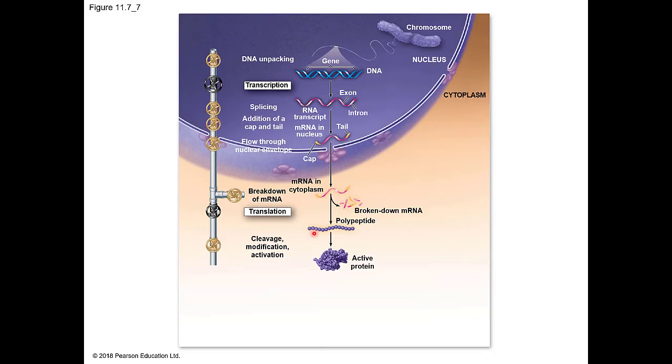And sometimes you can take a particular polypeptide chain and fold it differently. If I fold it one way, I might get a particular protein, and I could take this polypeptide and fold it a different way and get a different protein. Then I can also modify that protein. So remember, when we were looking at cell membranes, we looked at glycoproteins, where we attached carbohydrates to proteins, or lipoproteins, where we attached lipids to them.